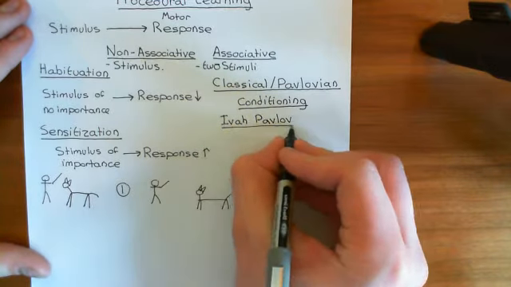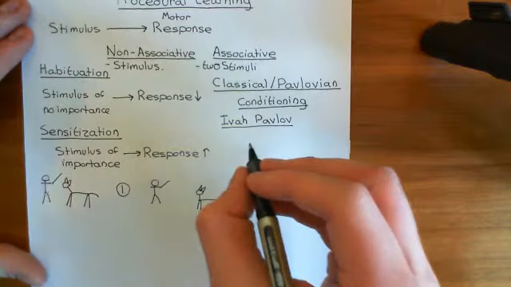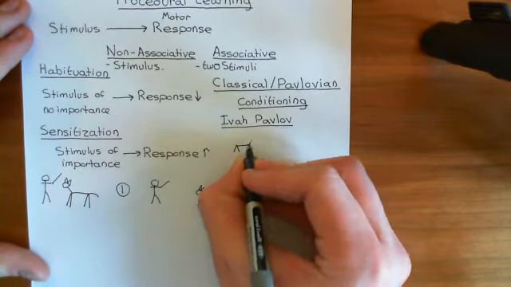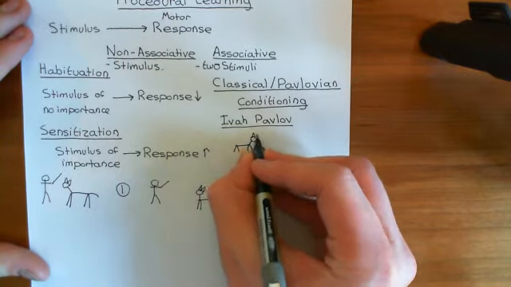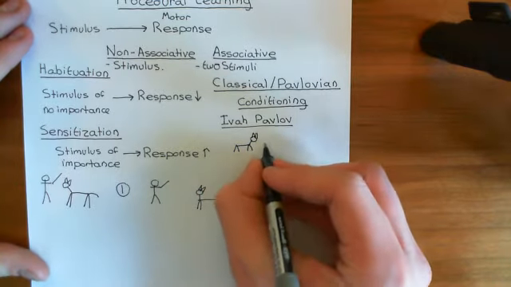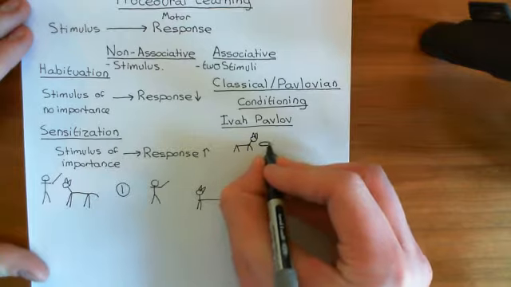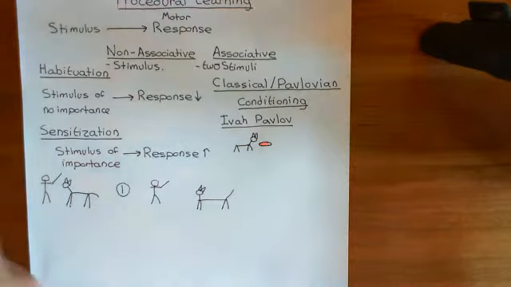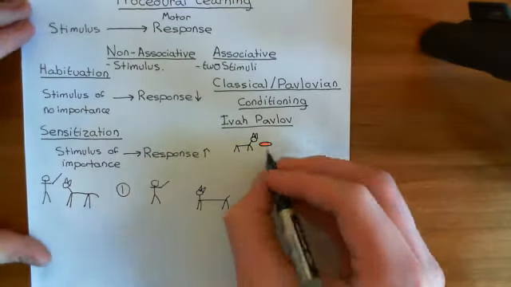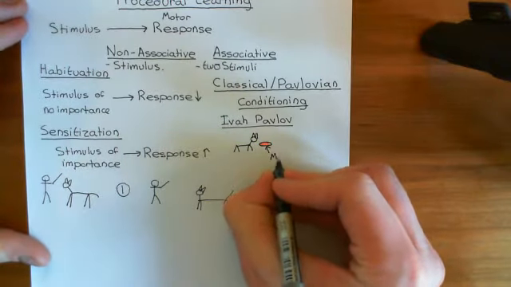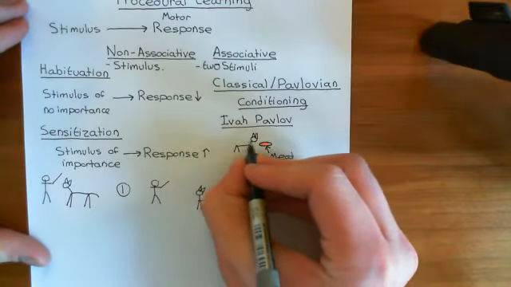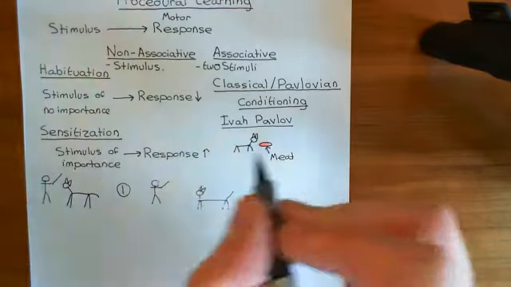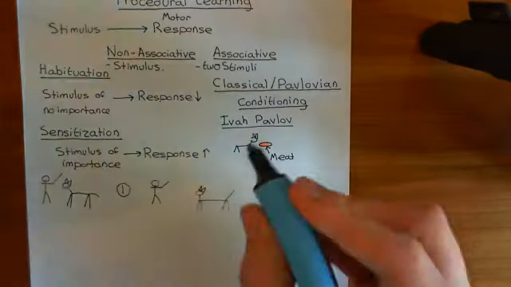Pavlov did this experiment where he got a dog, so I'll draw my little dog here, and he got some meat, in red here. He showed the meat to the dog, so the dog can see and smell the meat, and it starts to salivate, it starts to drool.